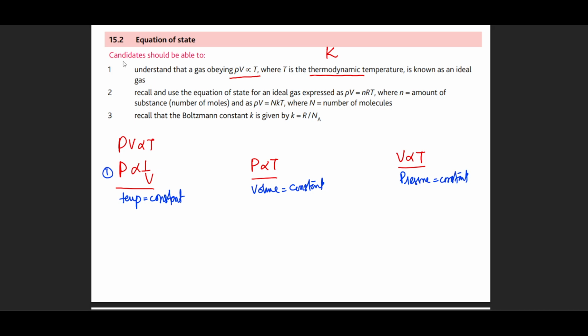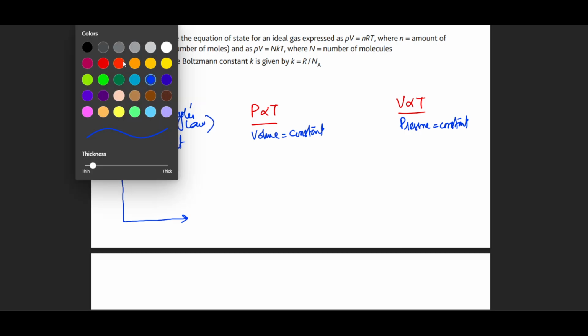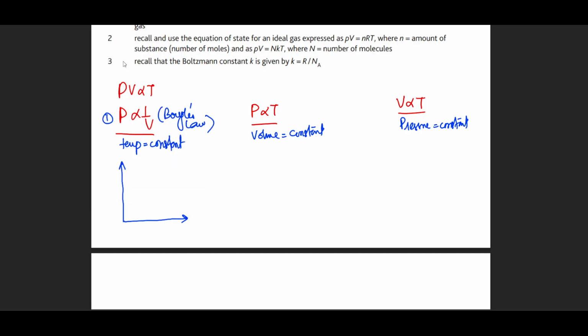Now we observe the first law, which is known as Boyle's law. You must have done this in O levels as well. Pressure and volume are inversely proportional, and the graph goes something like this.